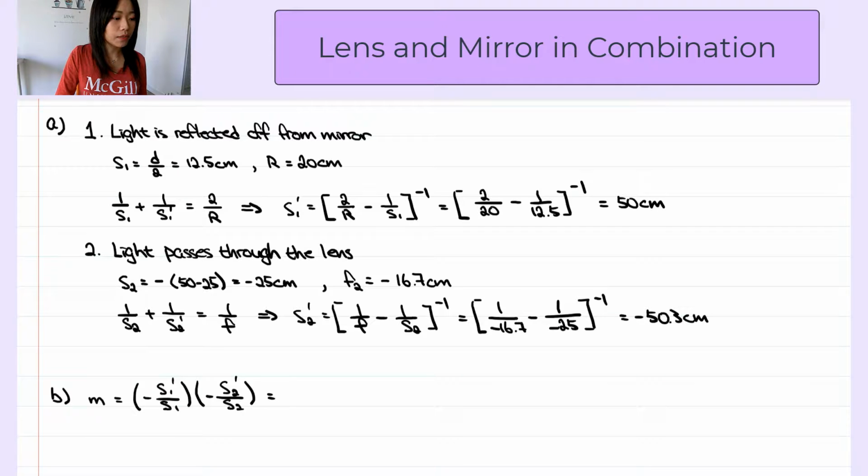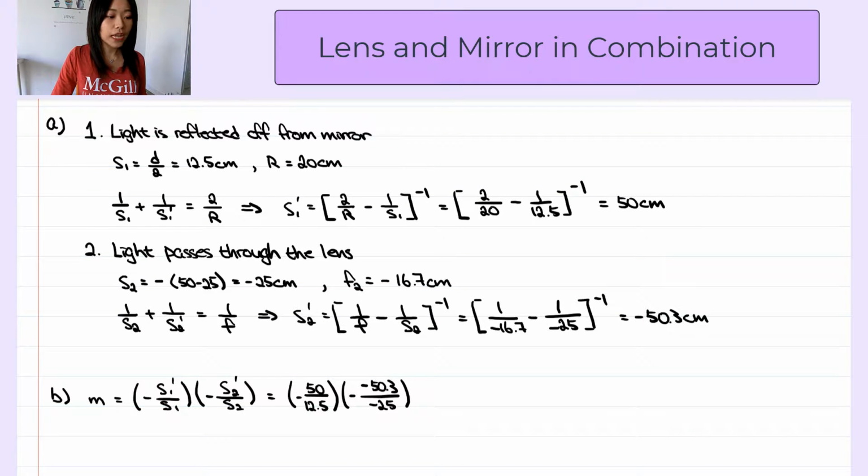Then we substitute the numbers. S1 prime is positive 50 centimeters and S1 is 12.5. And S2 prime is negative 50.3 and S2 is negative 25.